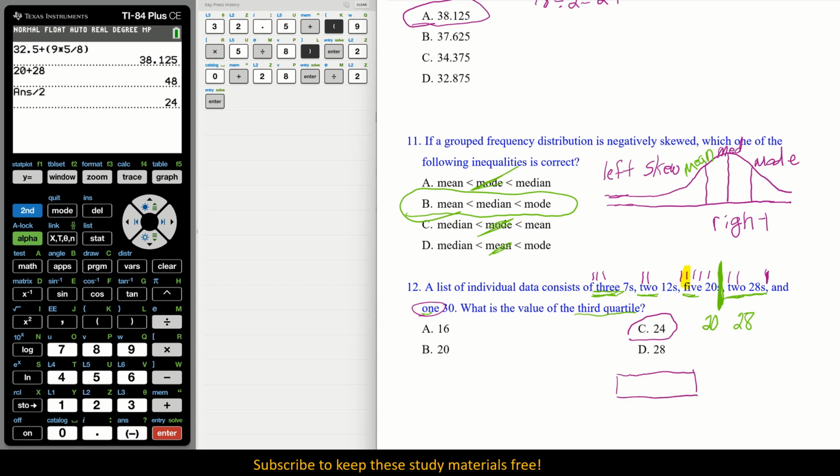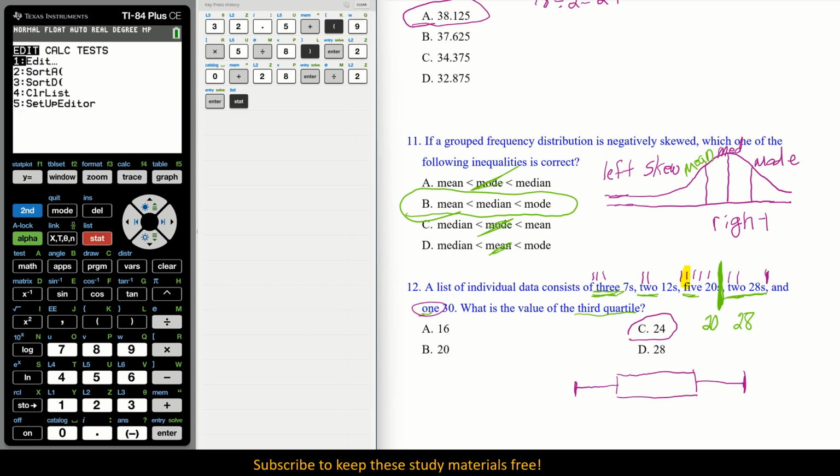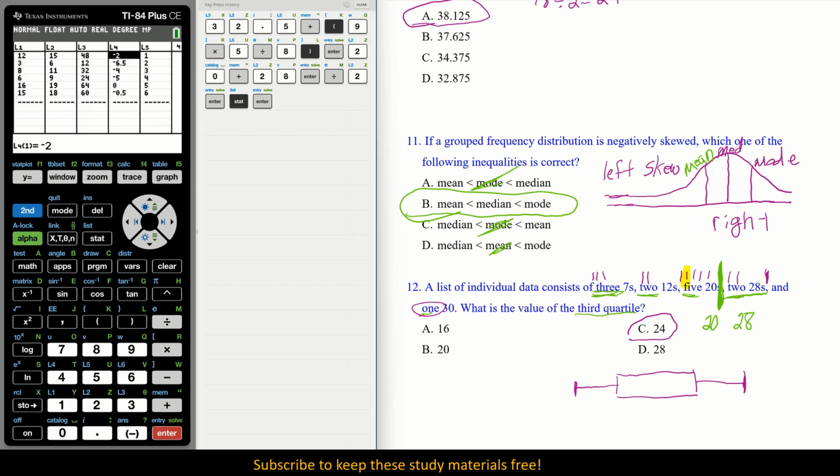If we had a whisker, I may not be exactly correct on how my box plot looks, but you know what? We could even put that in our data. Let's try that. I just want you to see what I'm doing if you're not sure how to do it, and you could also draw it out.